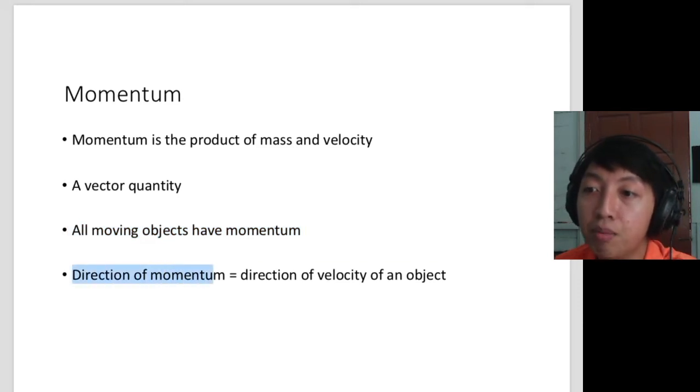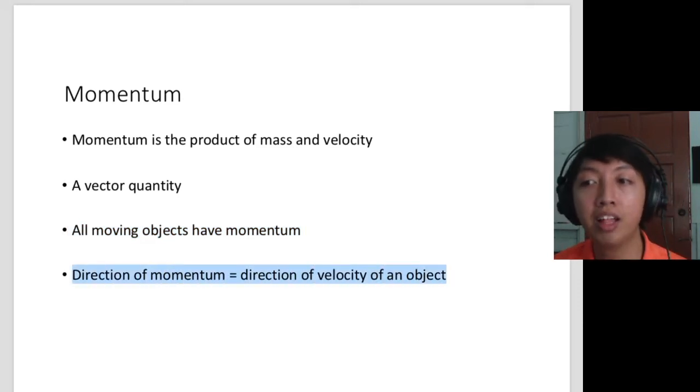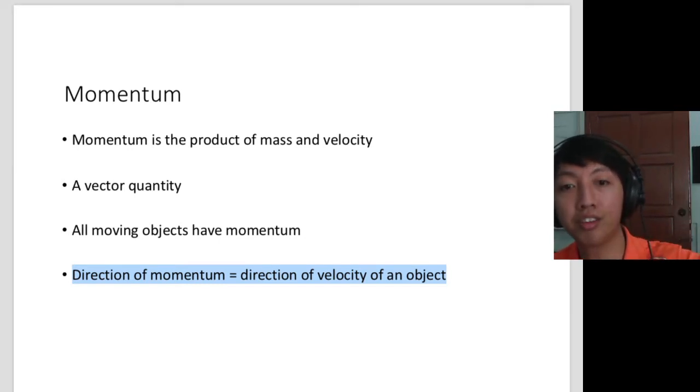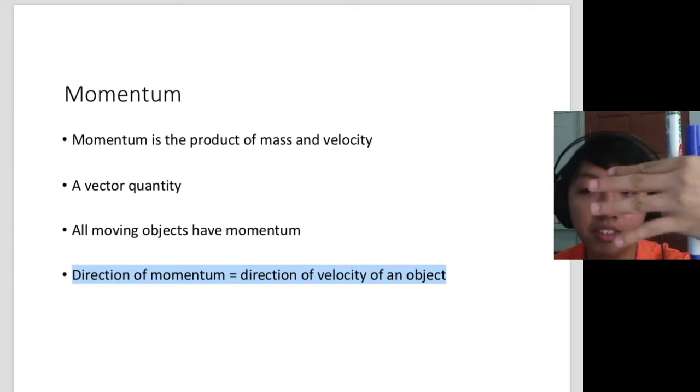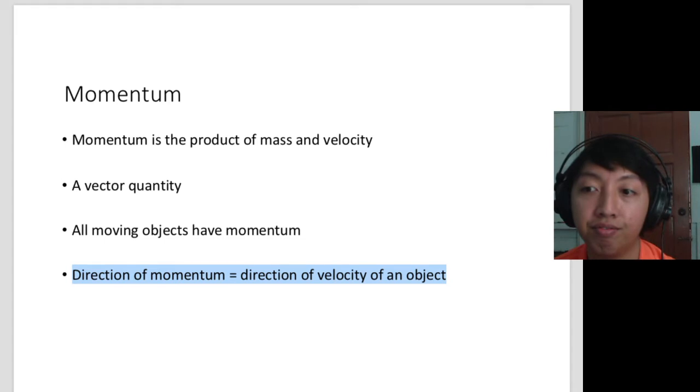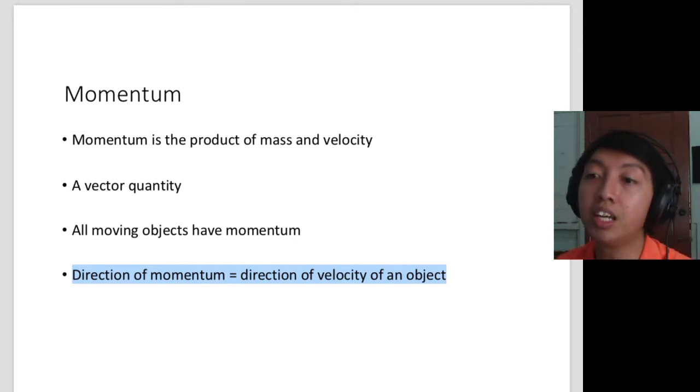And the direction of momentum is always going to be the same as the direction of the velocity of an object. So a car moving this way, the momentum is also going in the same direction. So it's not like the momentum is this way and the velocity is that way. No, the momentum and the velocity, they go together in the same direction.